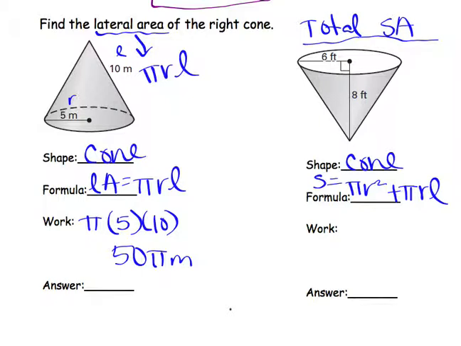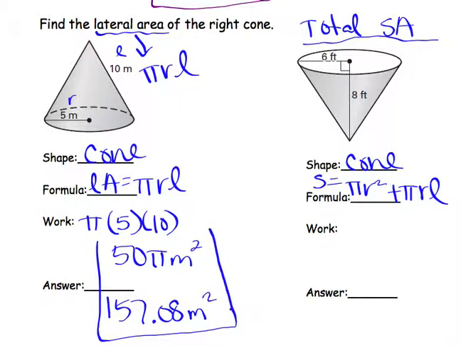And I like the answer like that, 50 pi. But if you need it as a decimal, use the pi button in your calculator and multiply 50 times pi. And then you'll get 157.08. Oh, and this is meters squared. So you could have either of these answers.